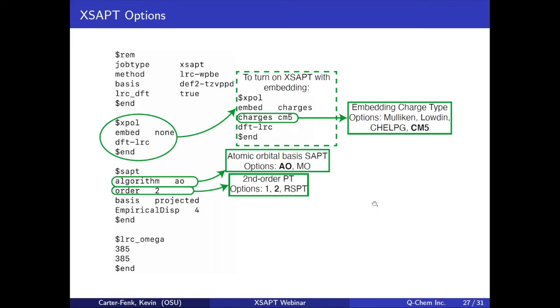And RSPT is Rayleigh-Schrödinger perturbation theory. This is the polarization approximation. So there are no terms from anti-symmetrization of the wave function. So that's more recommended if you're doing some careful analysis.